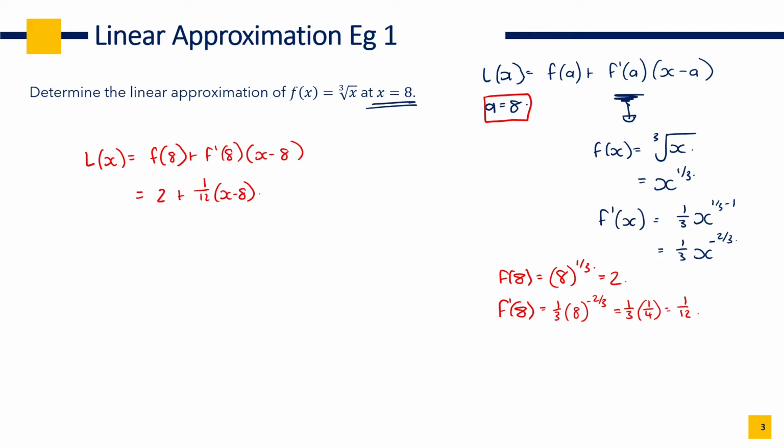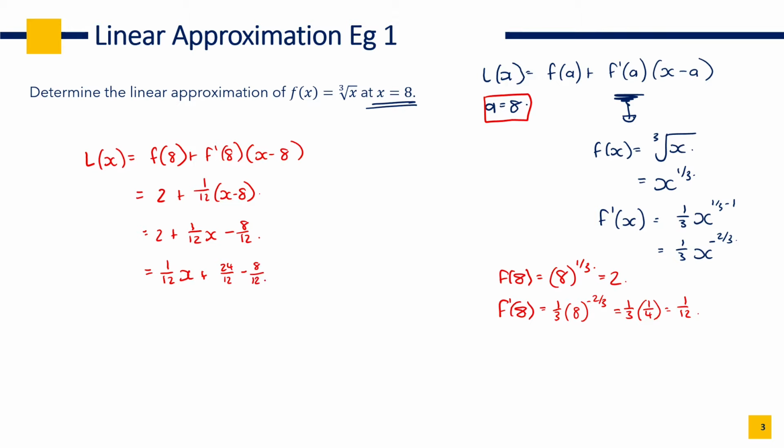Now we can simplify it to make it look more like the standard straight line notation. That's 2 plus 1/12 x minus 8/12. I've taken the 2 and written it as 24/12 to make a common denominator, to make our lives easier, minus 8/12.